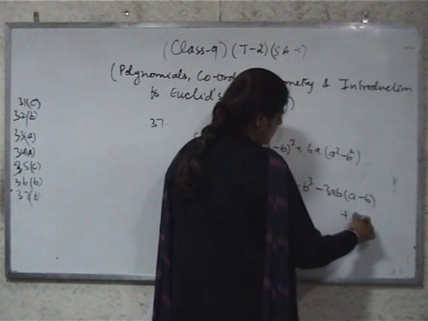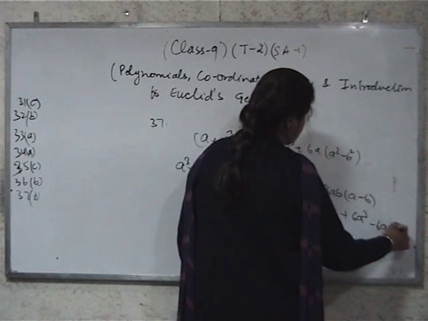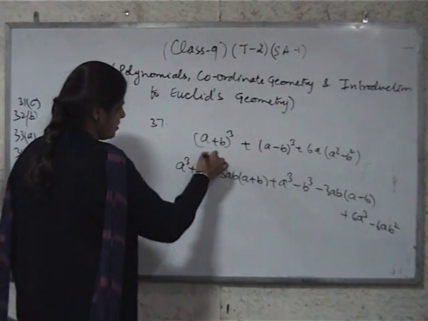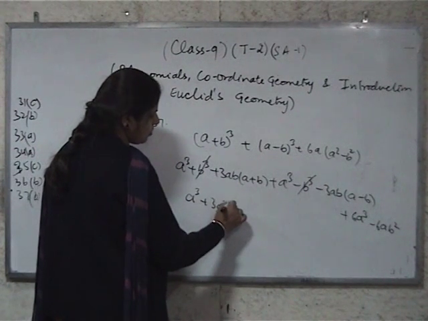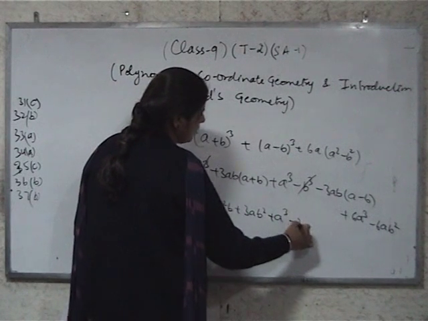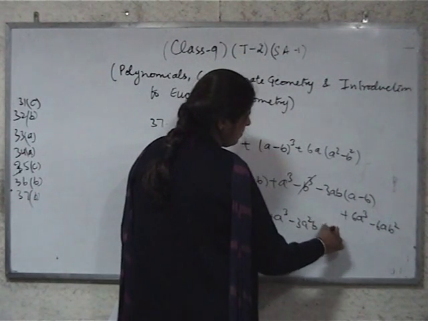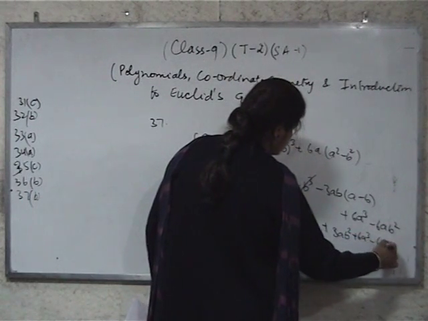I expand it, 6a cube minus 6ab square. Look at it, this b cube goes with this, a cube, 3a square b, 3ab square, a cube, 3a square b plus 3ab square, 6a cube minus 6ab square.